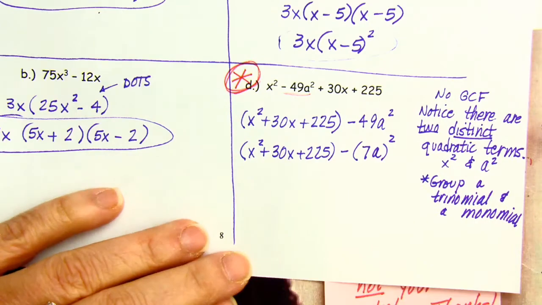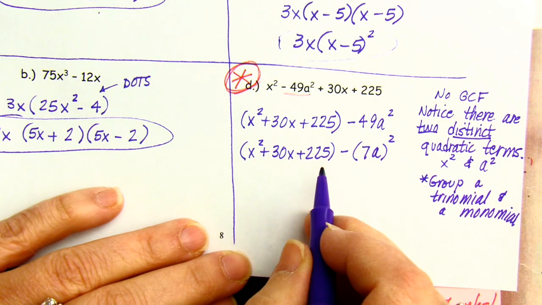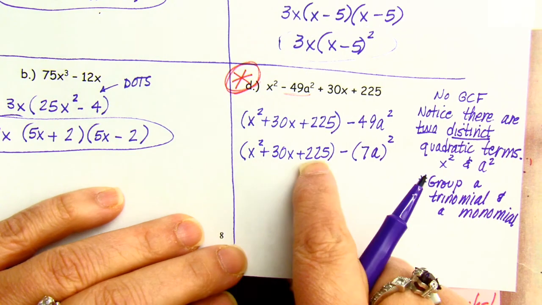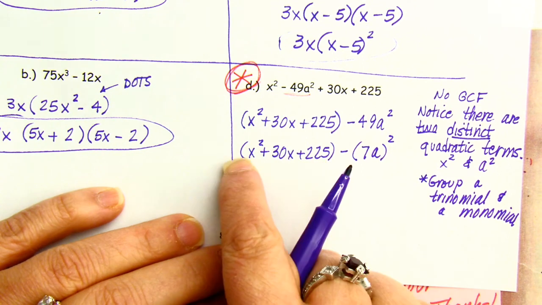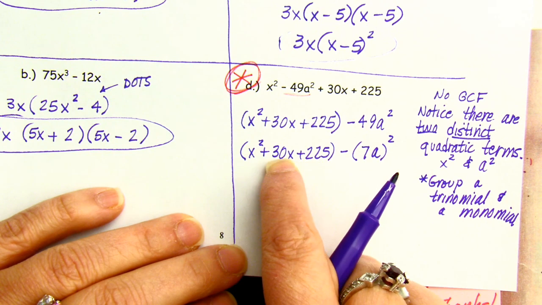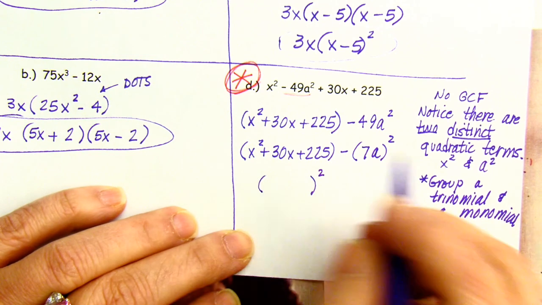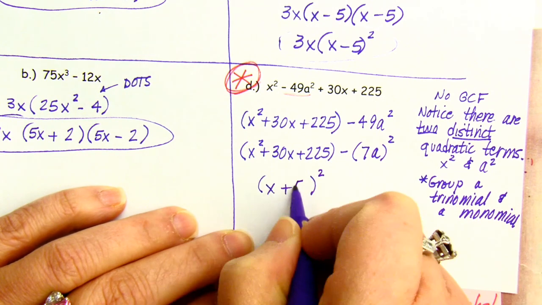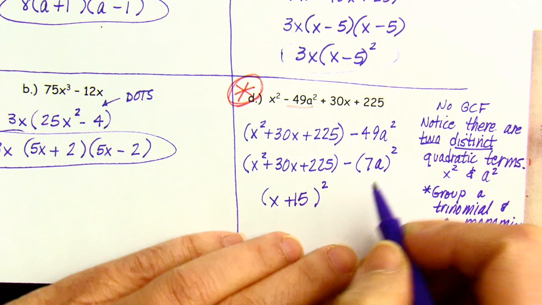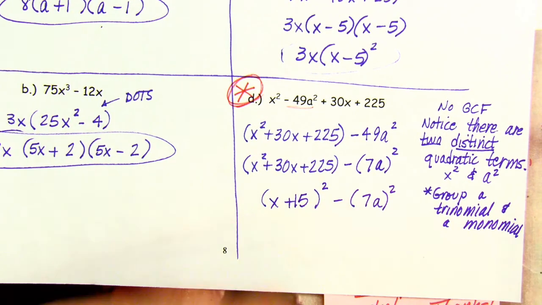Now, this over here is a perfect square trinomial. The square root of x squared is x. The square root of 225 is 15. If I have two 15s, I'm going to get 30. So this actually is going to factor into x plus 15 quantity squared minus 7a quantity squared.